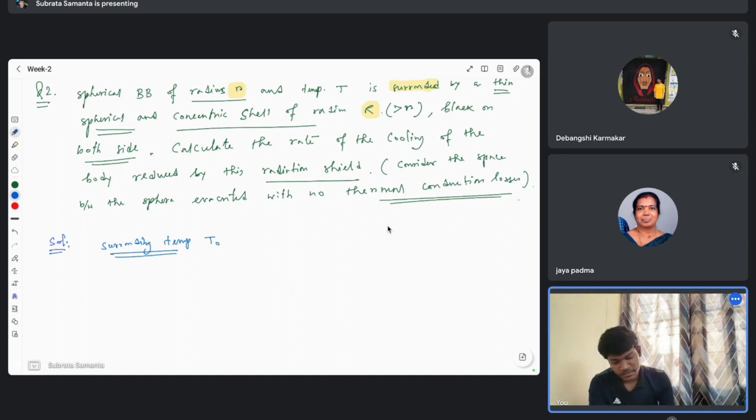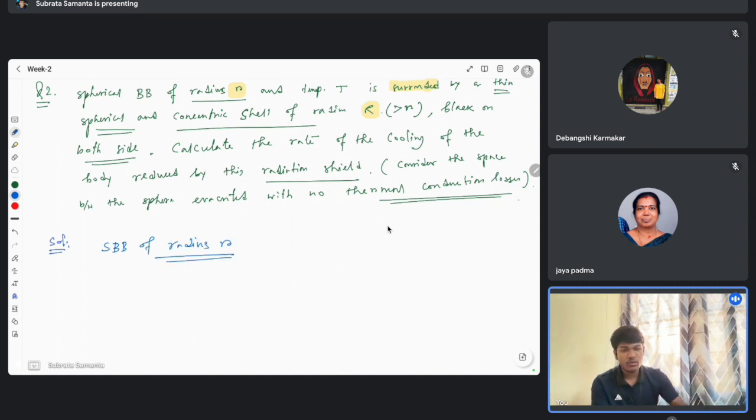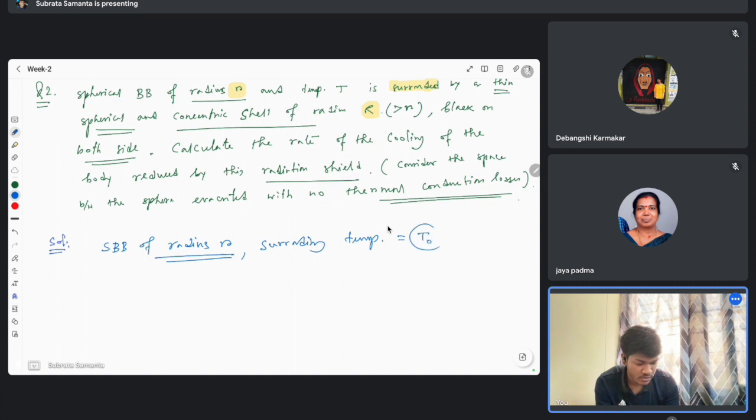So let's first consider only one spherical black body of radius r, and there is no other concentric shell. Just this black body is there, and the surrounding temperature is T naught.